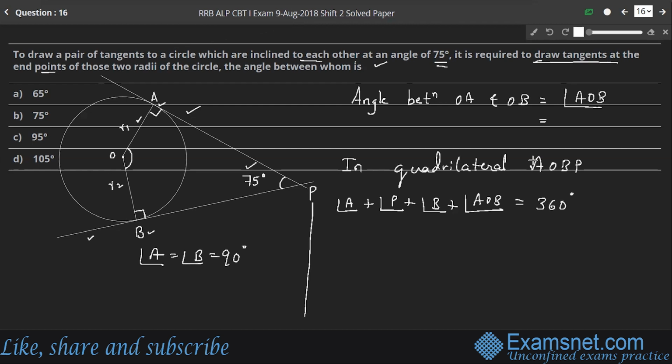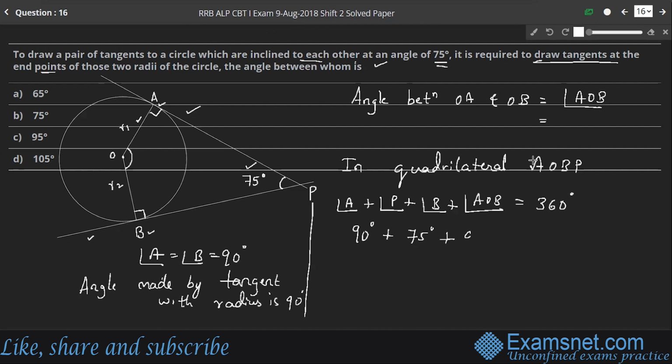The reason is the angle made by tangent with the radius is 90 degree, right? Therefore, angle A is 90 degree, angle P, which is already given in the question, is 75 degree. Therefore, angle B is also 90 degree.